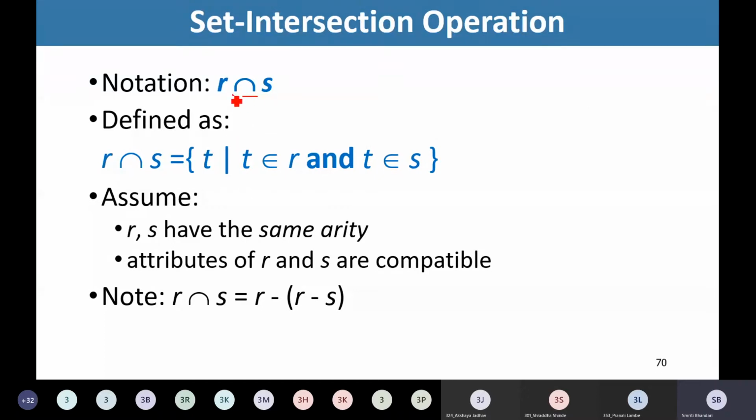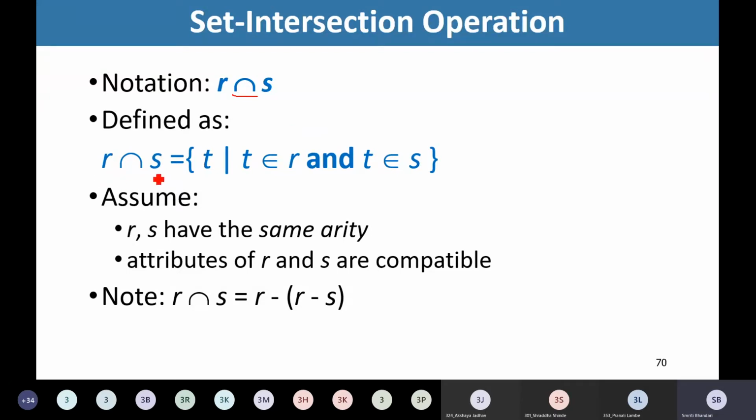So we write R intersection S, where R and S are the relations. This set intersection operation requires two operands or two relations, and this is how the intersection operation is a binary operation.